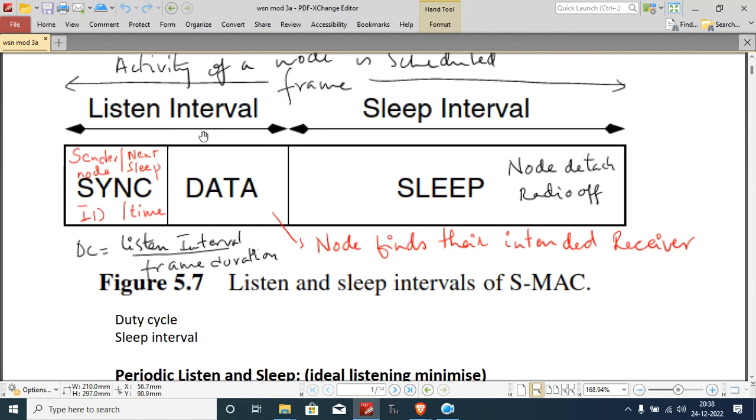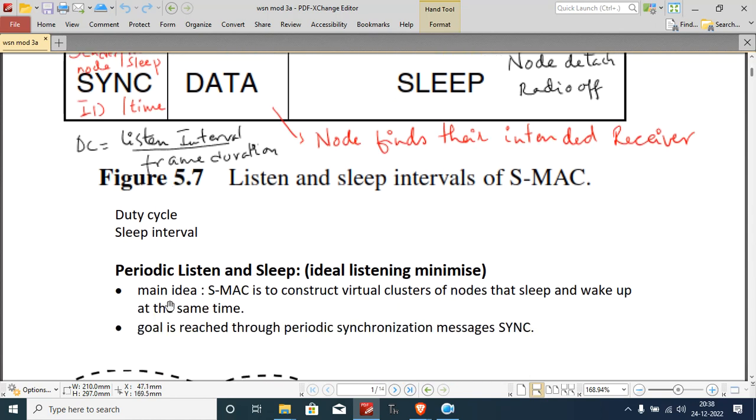Only during the listen interval will it listen to the channel or to the carrier. The main idea of SMAC is to construct virtual clusters of nodes that sleep and wake up at the same time.